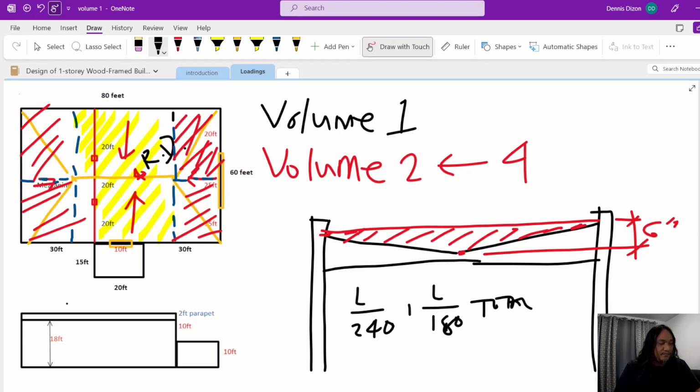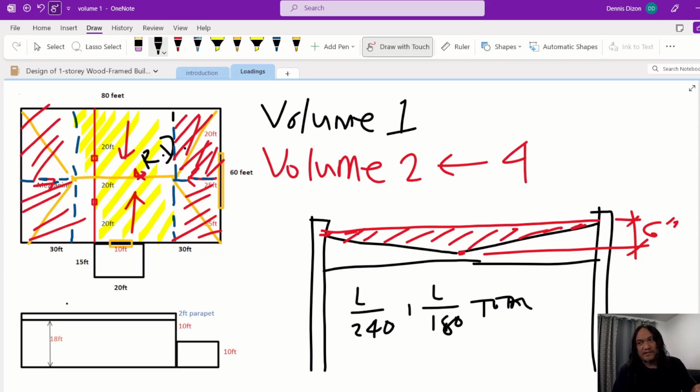Now, to get the possible maximum depth at the very center of the roof, you will have 6 inches, the change in elevation, and then you will add the possible maximum deflection, which is equal to the allowable deflection.